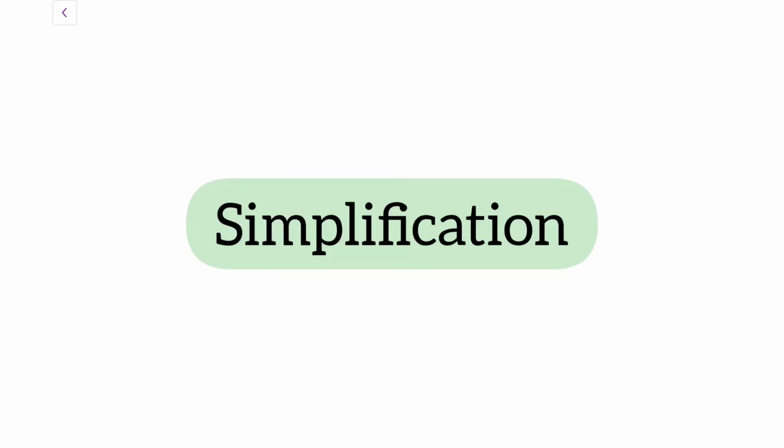Now let's look at a simplification problem where there's a combination of division and multiplication. For example, you can find this on page number 63. 432 into 2 divided by 4. Here you can see there is a combination of multiplication and division.